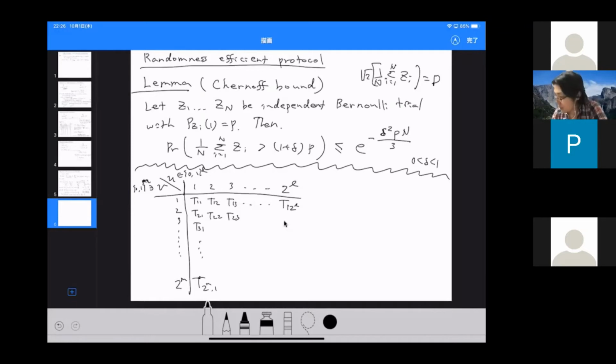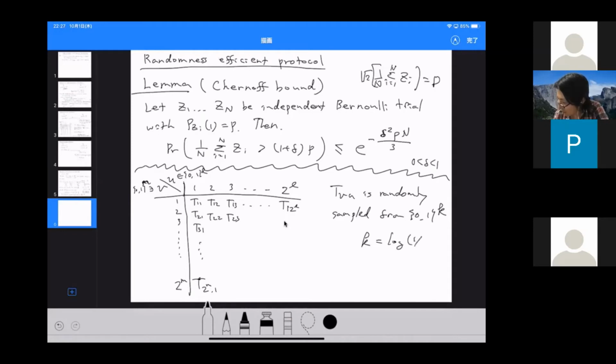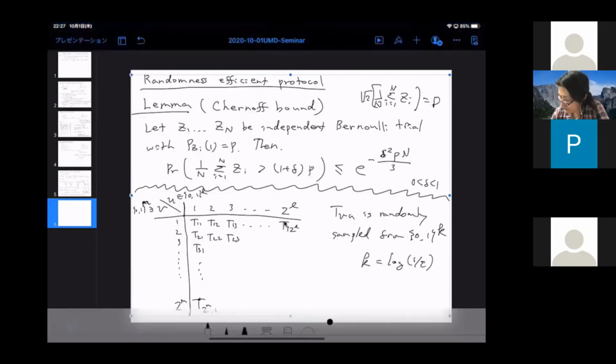Each T V U is randomly sampled from a k-bit set. Here k is set as this value, log 1 over epsilon.